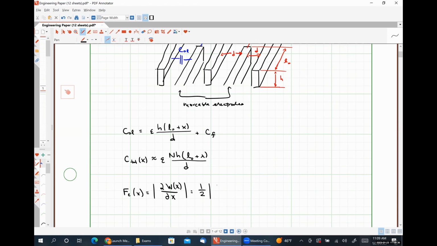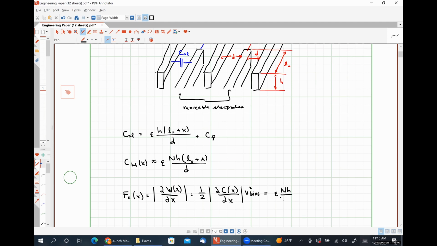And since the capacitance is the only thing changing with X, we're going to have 1/2 the derivative of capacitance with respect to position multiplied by our bias voltage squared, and performing the indicated derivative on the equation above gives us epsilon NH over twice D times the square of our bias voltage.